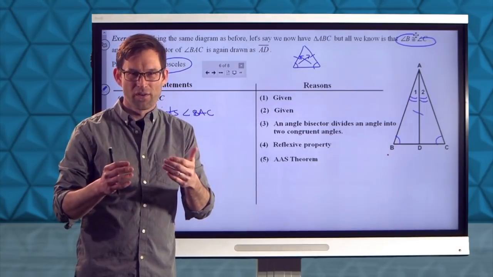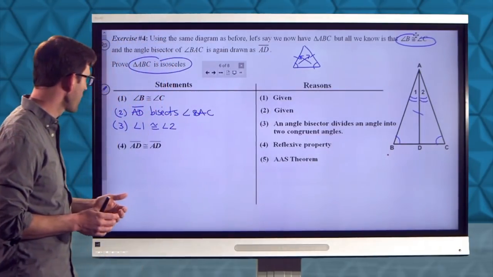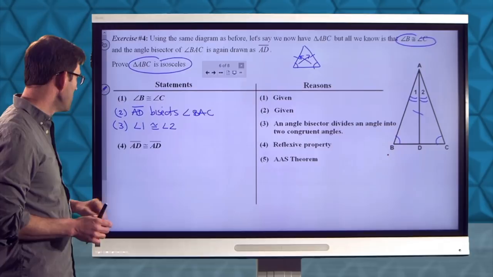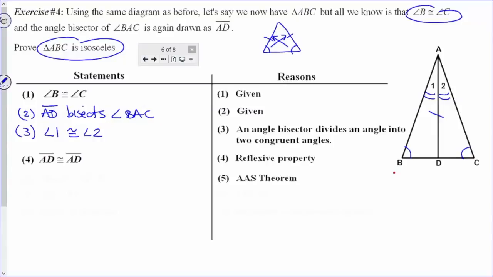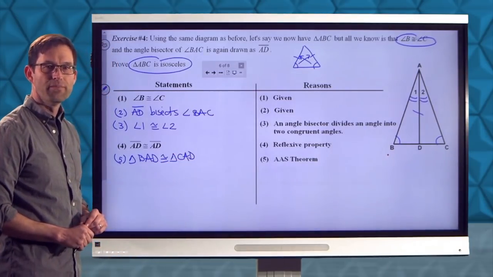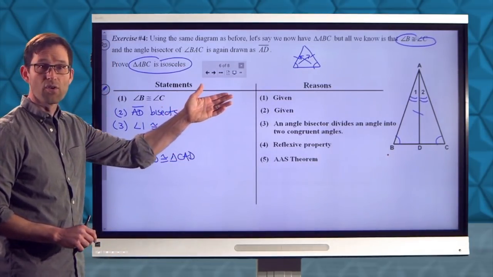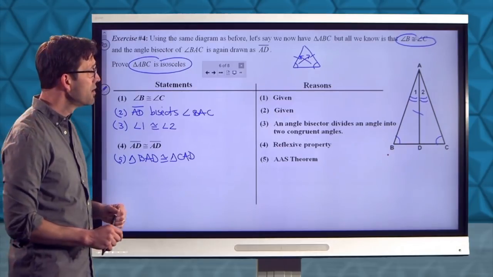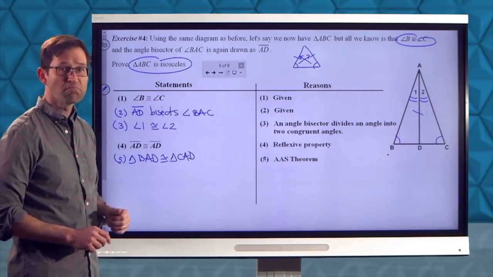But that's okay, because we can now say that triangle BAD is congruent to triangle CAD by the angle side theorem. Triangle BAD is congruent to triangle CAD by the angle side theorem.